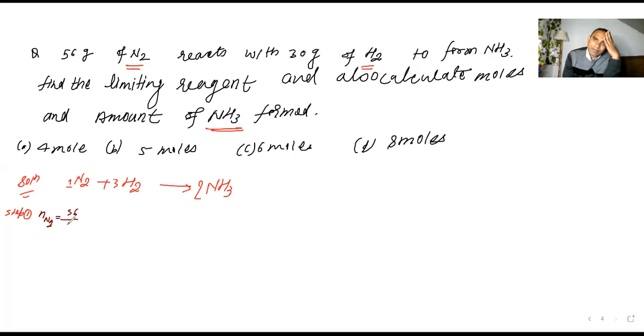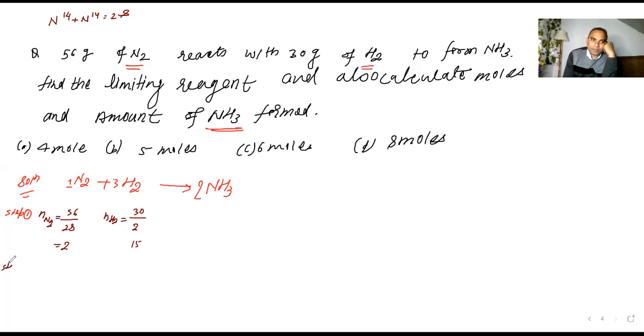Nitrogen is 14, plus nitrogen 14, so it is 28. For hydrogen, given mass is 30 gram, and molar mass of H2 is 2. So 56 over 28 gives 2 moles, and here it is 15 moles.